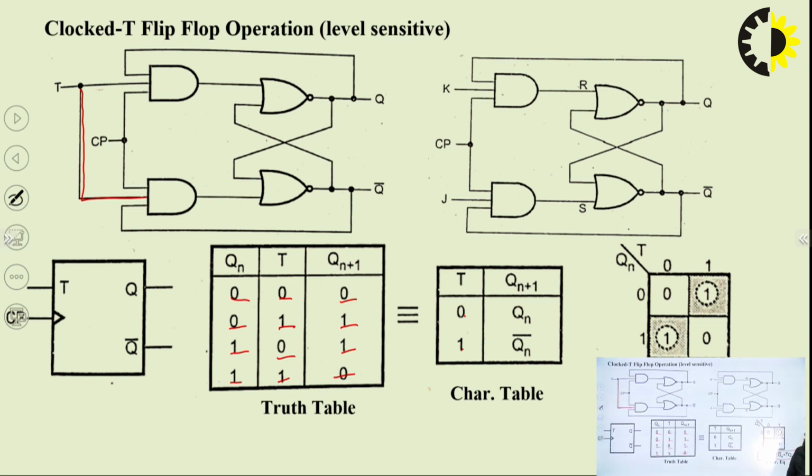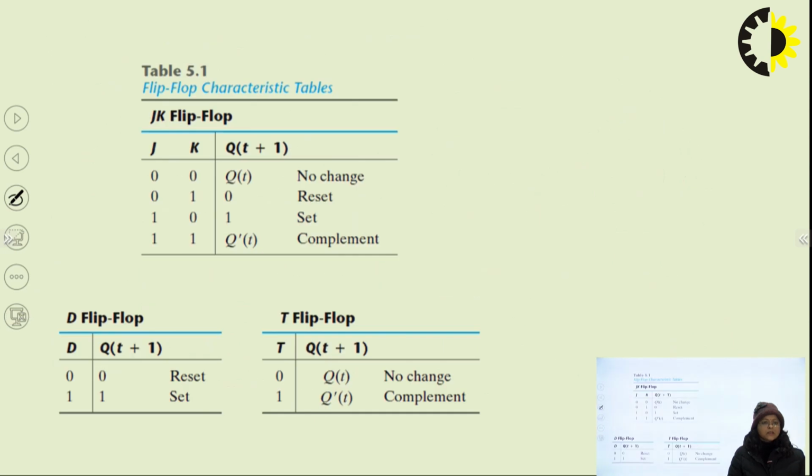This one is the characteristic equation, characteristic table, as well as truth table. So we have clearly seen that there are 4 types of flip-flops: SR, D, T, and JK.